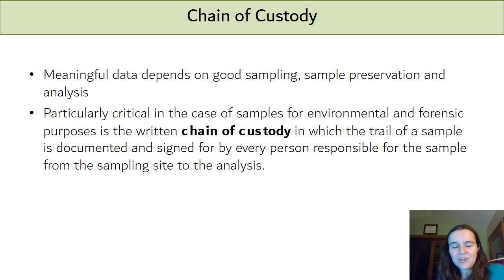This means that you have to know what's happened to your sample, and particularly for forensic samples and environmental samples, there's a written chain of custody where every person who has handled and stored a sample signs it and goes right from the site of where it was collected to the point that it was analyzed and completely disposed of.